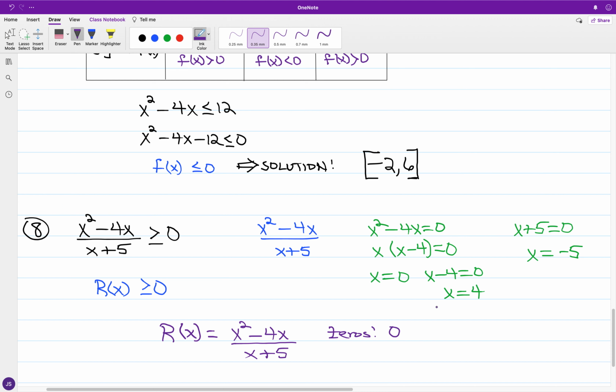So 0 and 4 are going to be in the domain. In the case of negative 5, this will cause a 0 denominator where the function would be undefined, so negative 5 is not in the domain.